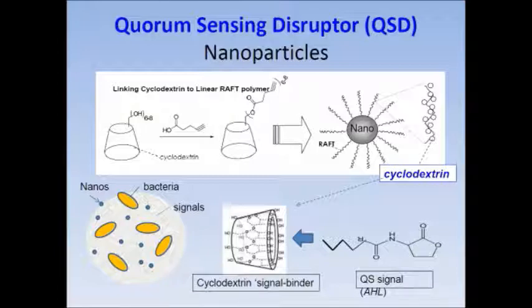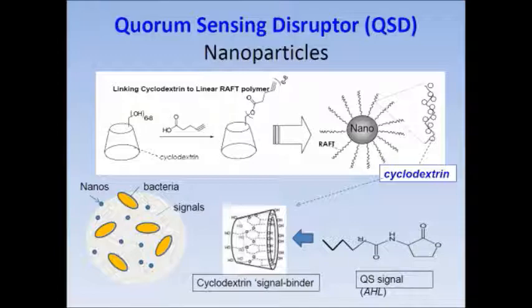And we're starting to get some very strong binding with modifications of the inner core of the cyclodextrin. And so we're hoping to get more specificity in the binding of modified cyclodextrins with AHLs.